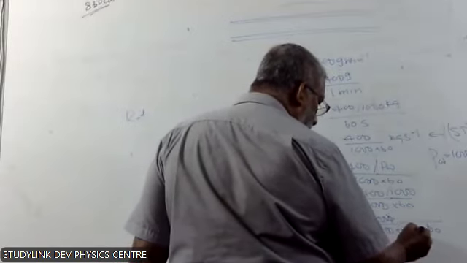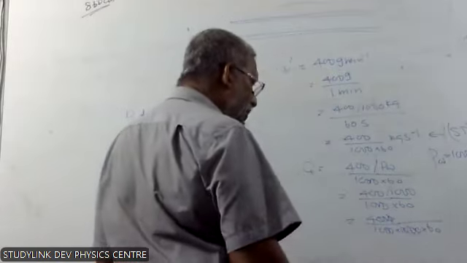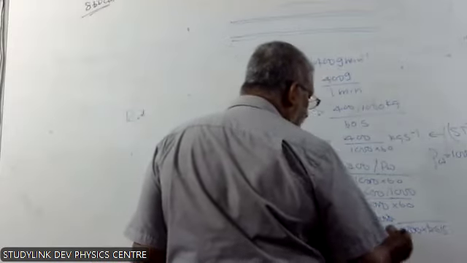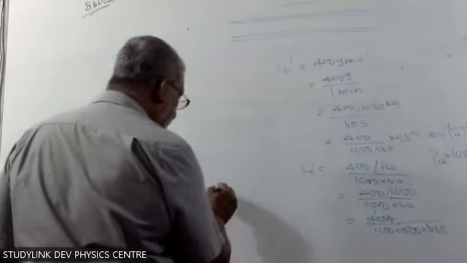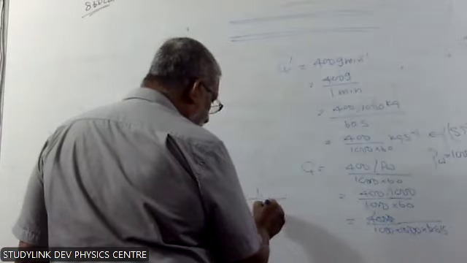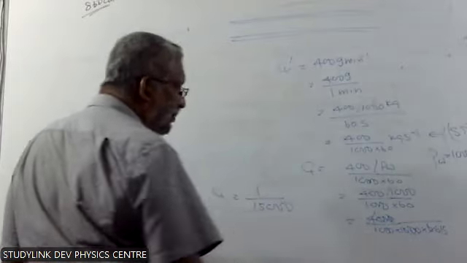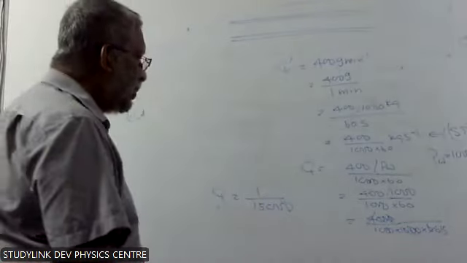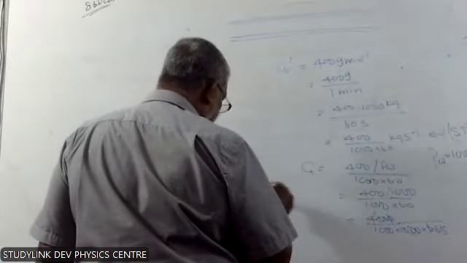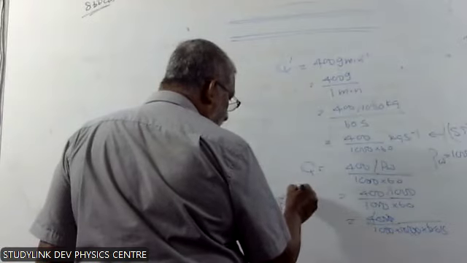Roughly, Q is equal to 1 over 15,000. The units here are cubic meters per second.